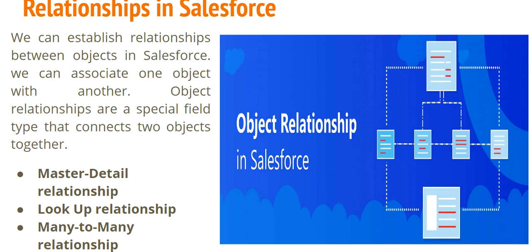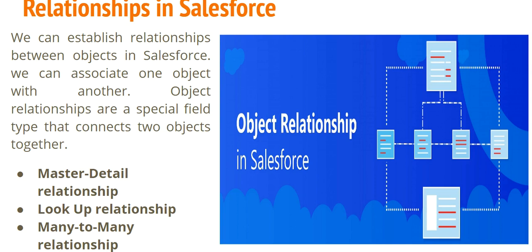So now let's see how we can create the master detail relationship and lookup relationship. As usual, if we want to create any type of relationship, we have to go to the object on which we want to create it, and from the fields and relationships section, we can create the relationship.